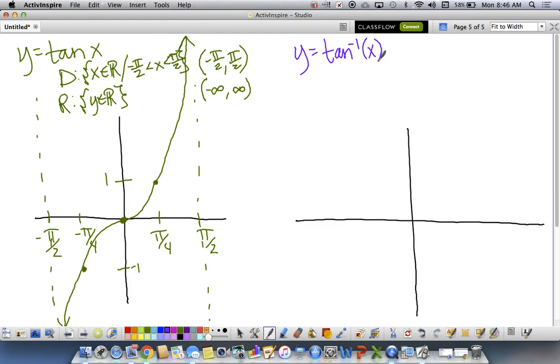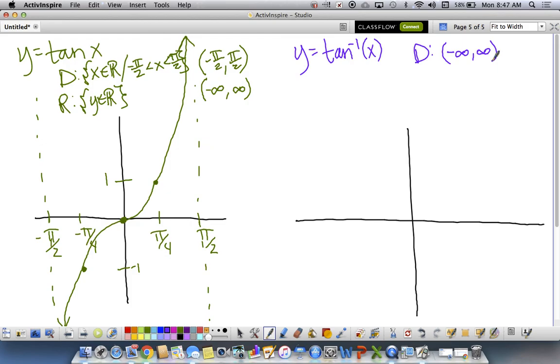What does this graph look like? Do you want to go ahead and do the domain and range first? So the domain. Let's just do it in interval notation. Negative infinity to positive infinity.